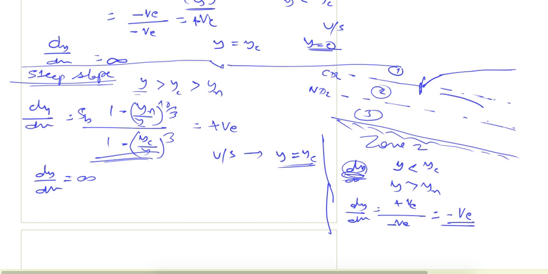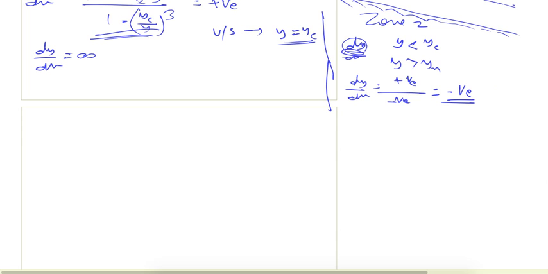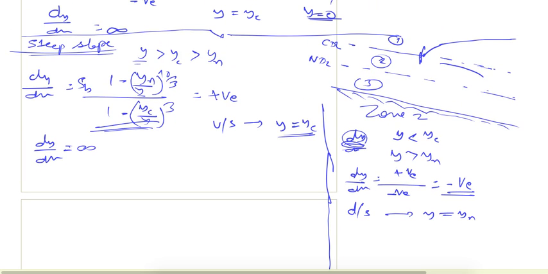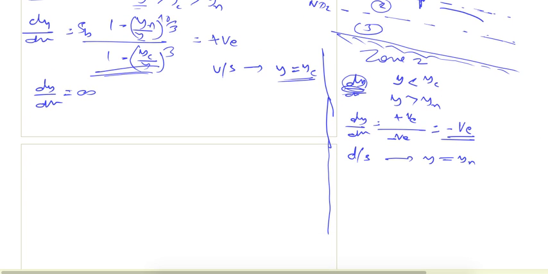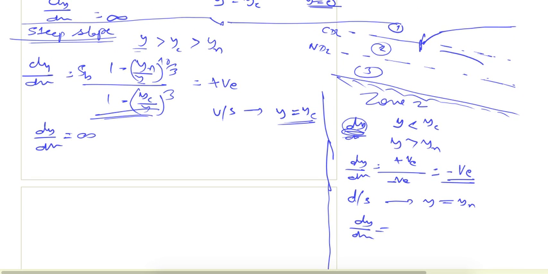So how is it falling? We can say in the downstream y is becoming equal to yn. Here you can see in the downstream this is coming equal to yn. As a generalization, I said if y is becoming equal to yn, then the flow profile meets the normal depth line asymptotically.